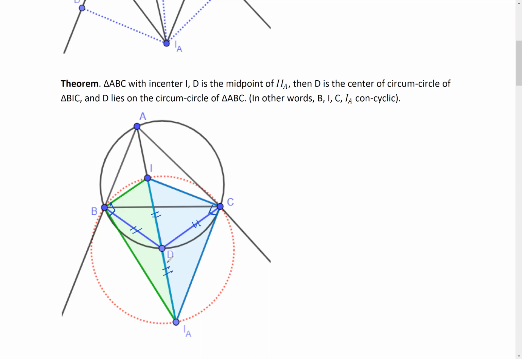And so there is a circle with D as center, DI as radius, and IIA is a diameter, right? For this circle, you can draw the circle passing through B, I, C, and IA, all right? And D at the center.